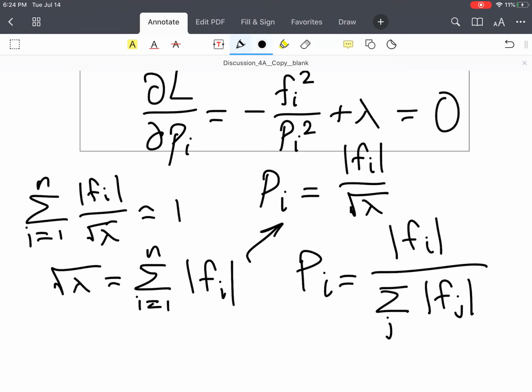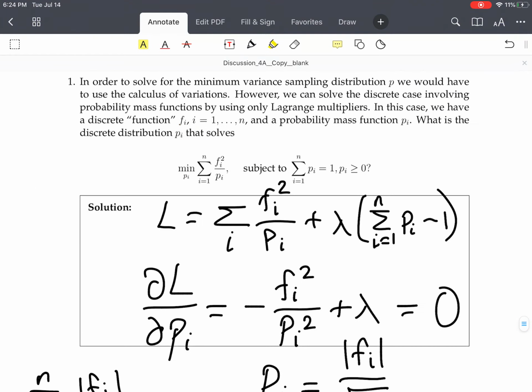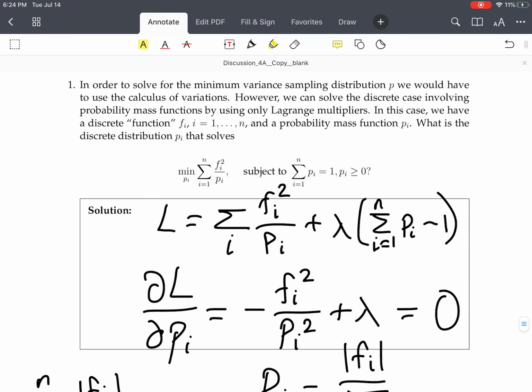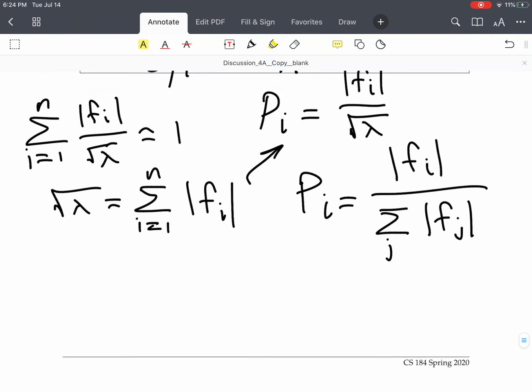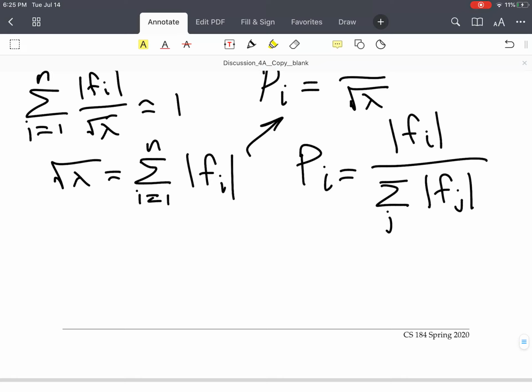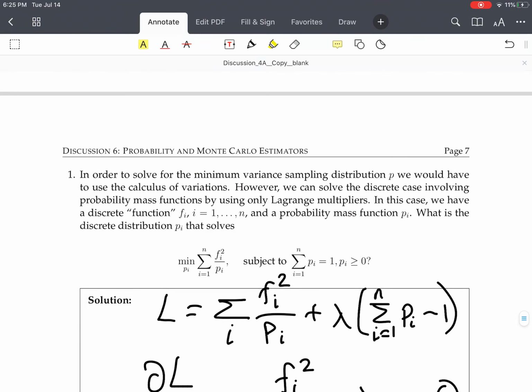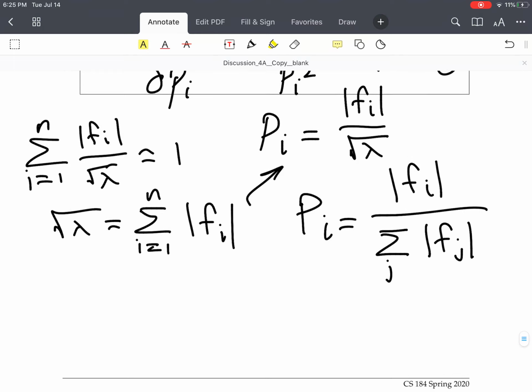Okay, so we were able to find, so remember, we're looking for the distribution p of I, right, that makes this the case. And so we found an equation for this p of I, but the issue is that this p of I is dependent, or it's actually proportional to the function f that we are trying to sample from, right? That's the discrete function.